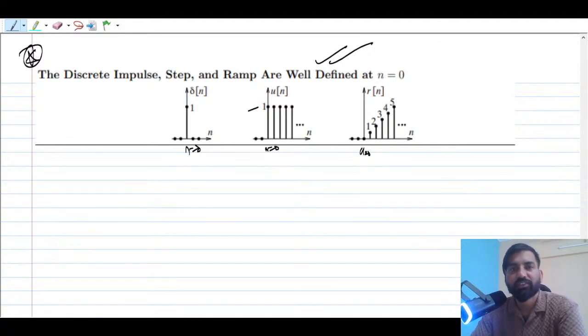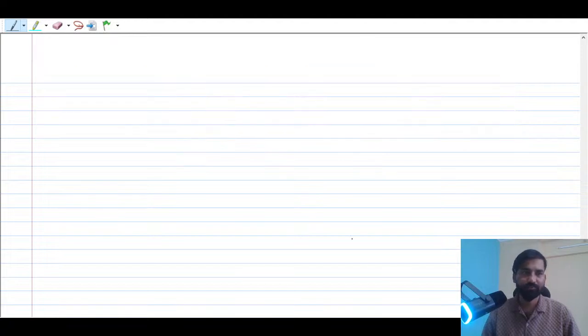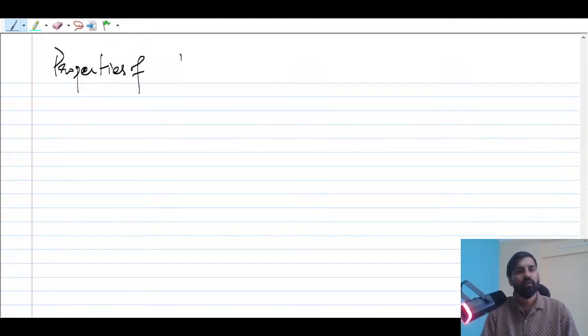So, properties of discrete impulse. Now we will discuss some of the important properties of discrete impulse. You know that there is a product property: if you take the product of two signals.